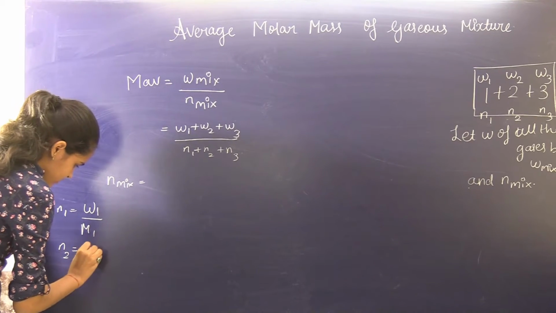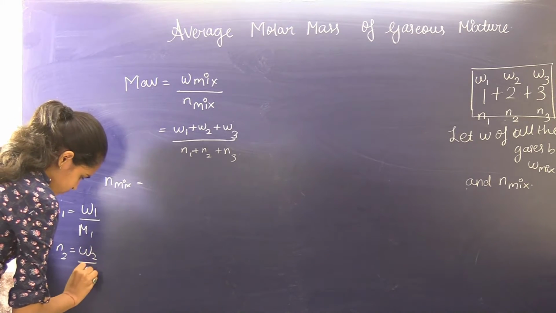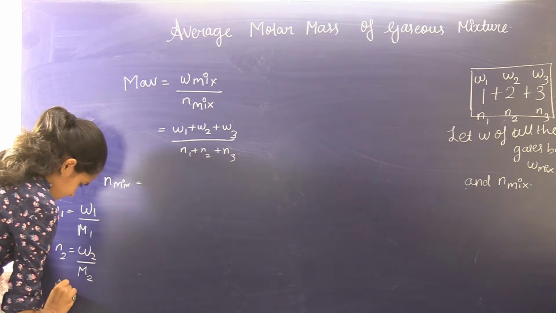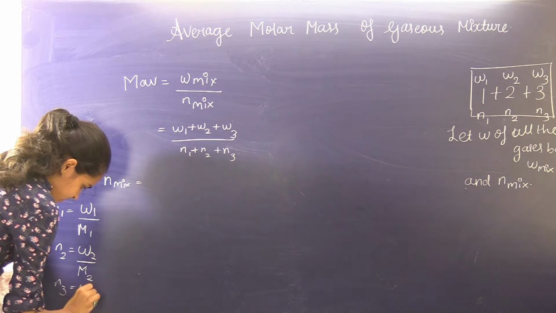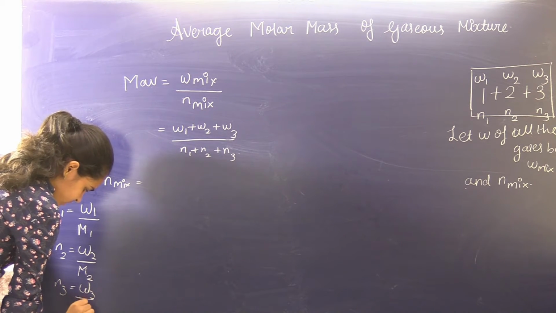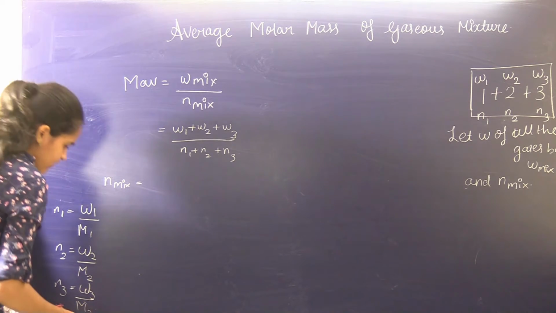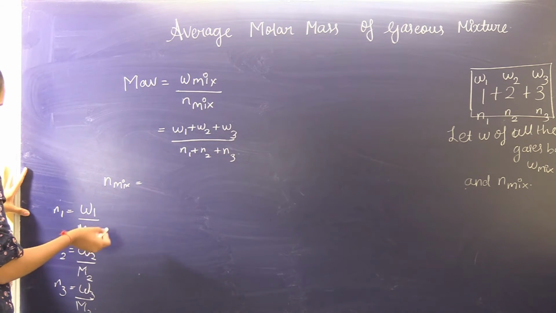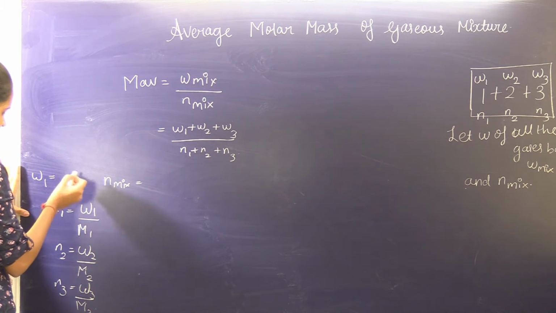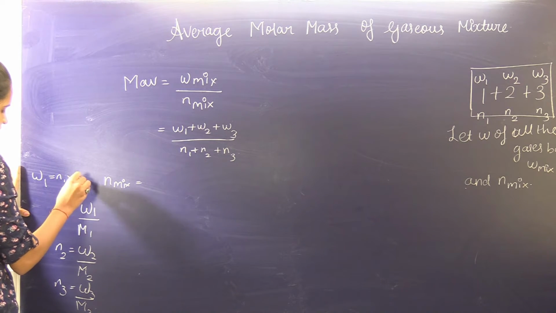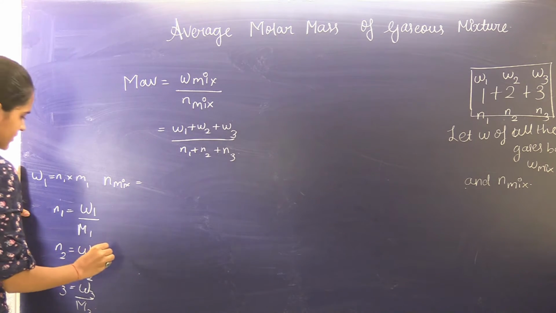In gas number 2 it is equal to W2 upon M2 and in gas number 3 it is equal to W3 upon M3. So we can write it as W1 is equal to N1 into molar mass of gas 1.